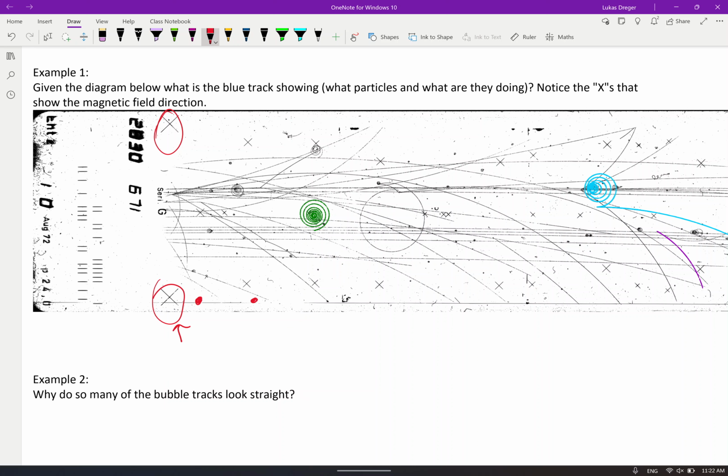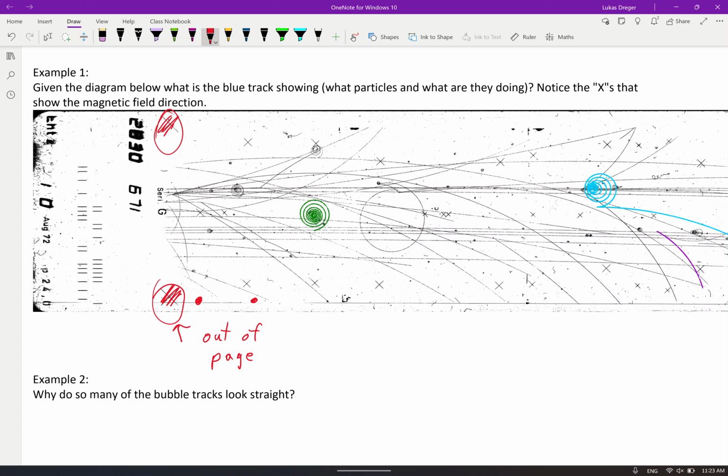There should be a bunch of dots showing that the field is coming out of the page and not going into the page. So I'm not really sure what these X's are. And when I read the website a little bit more clearly, they are saying that the field is coming out of the page. Okay, so with that in mind, this is incorrect, and so are all the other X's, but that's okay.